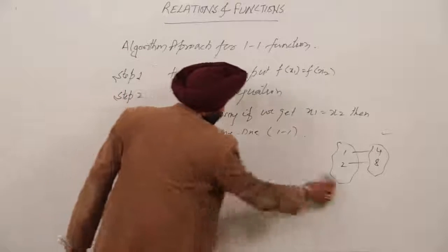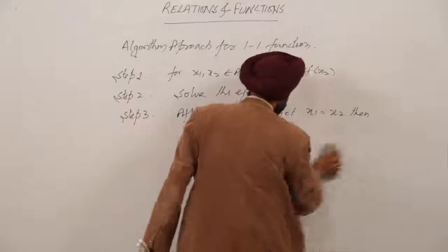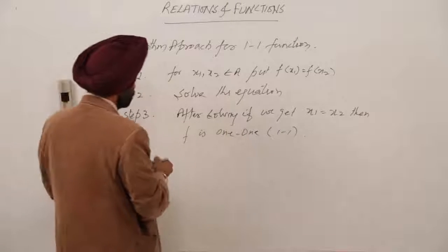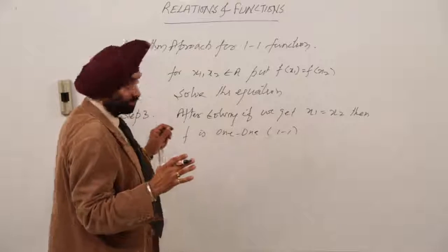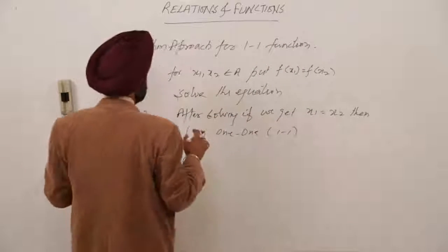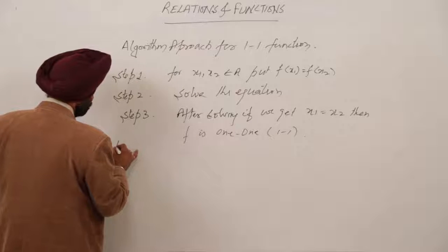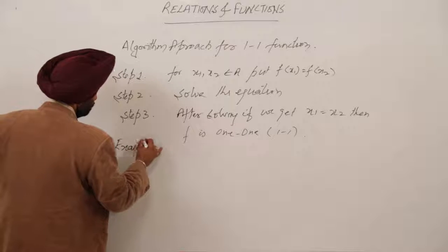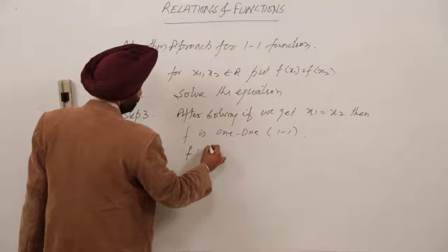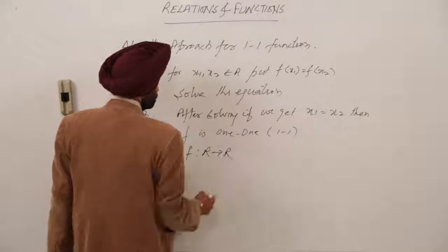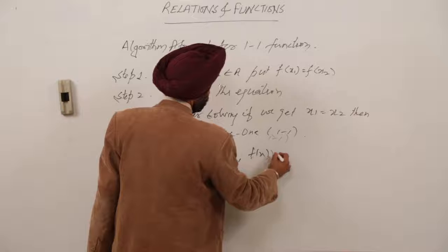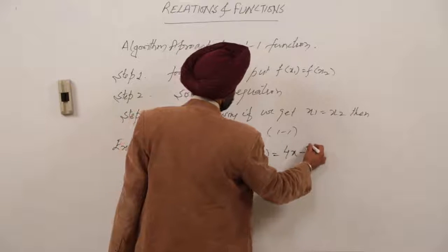Now let's move with another example. Now I am going to give you 2-3 different types of examples. Just go through it. Now let it be example number 1. Example 1 is a function defined from a set of real numbers such that f(x) is equal to 4x minus 7.